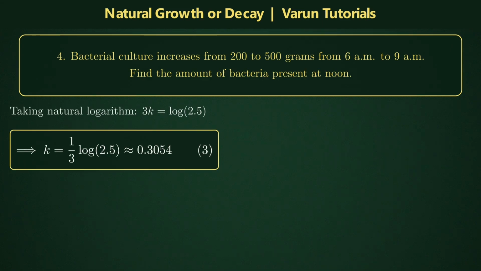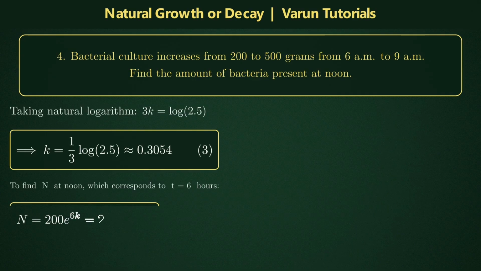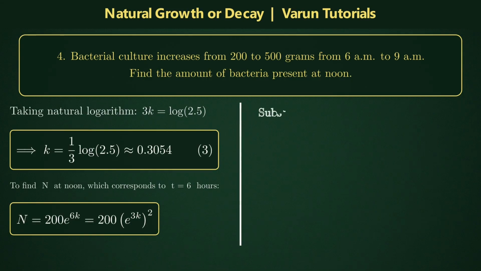We want to find the bacteria amount at noon, which corresponds to t equals 6 hours after 6 a.m. Using exponent laws, we can write e to the power of 6k as the square of e to the power of 3k, so n equals 200 times the quantity e to the power of 3k squared. Substituting the exact value of e to the power of 3k equals 2.5, we get n equals 200 times 2.5 squared.